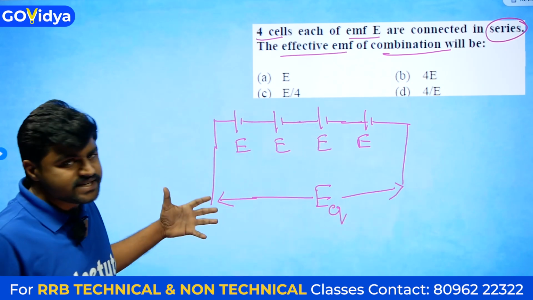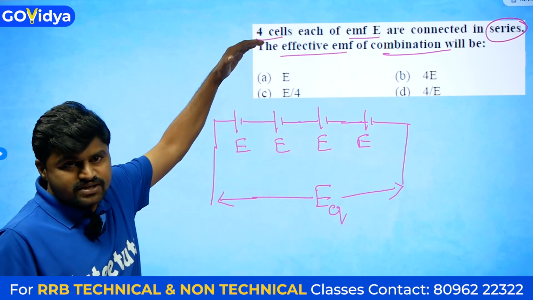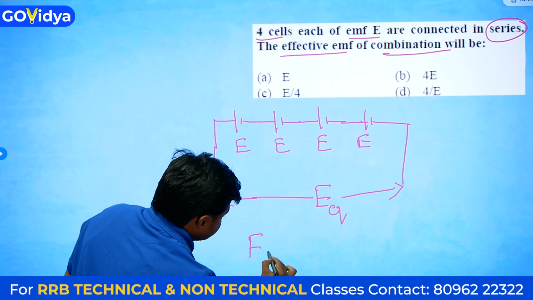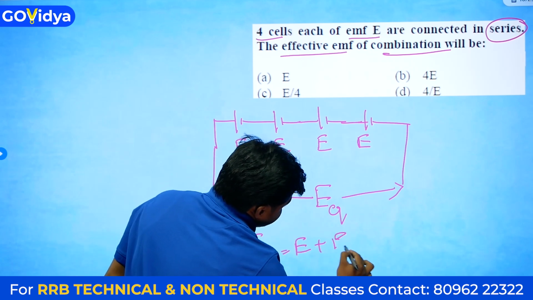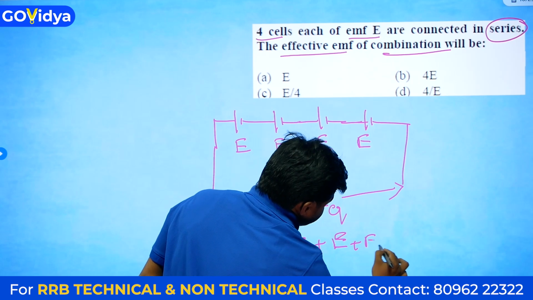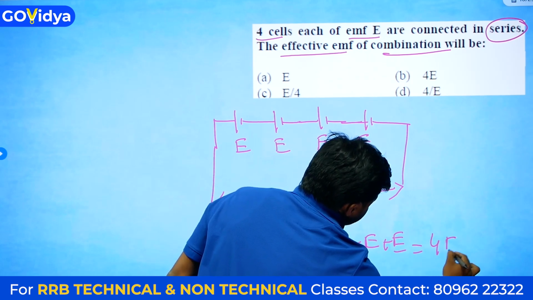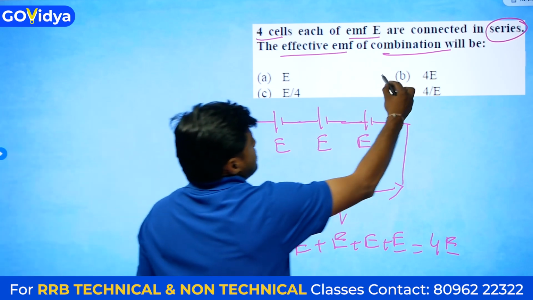Okay, in series the EMF will be added, in parallel the voltage across each branch is same. E equivalent is equal to E plus E plus E plus E is equal to 4E. Okay, from the options, option B is the correct answer.